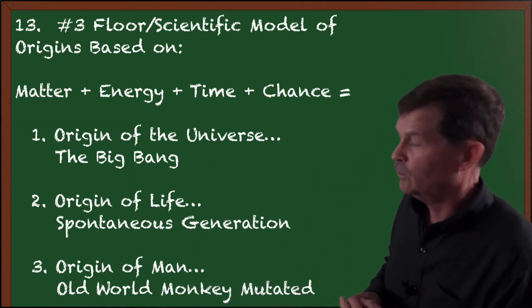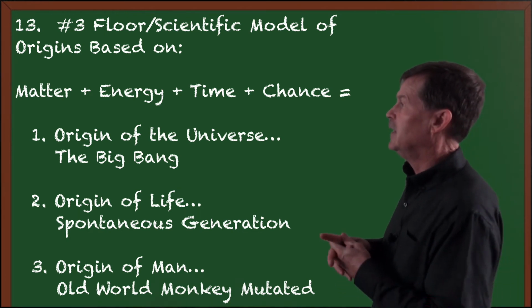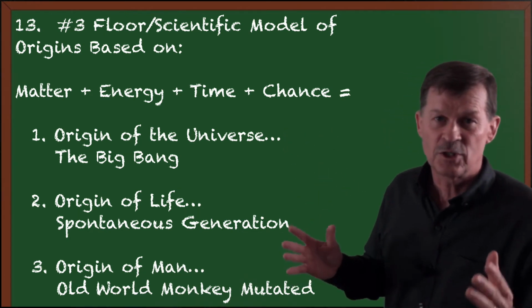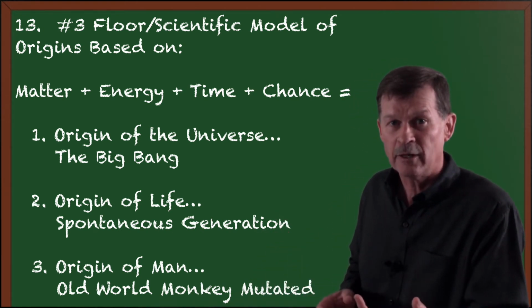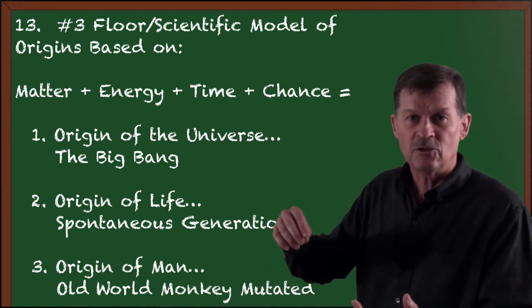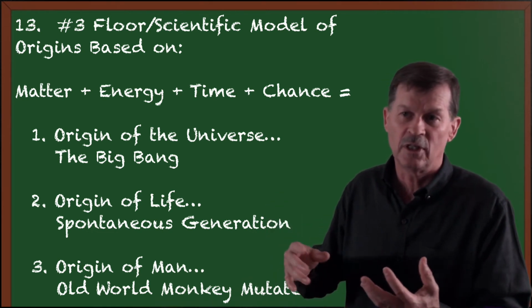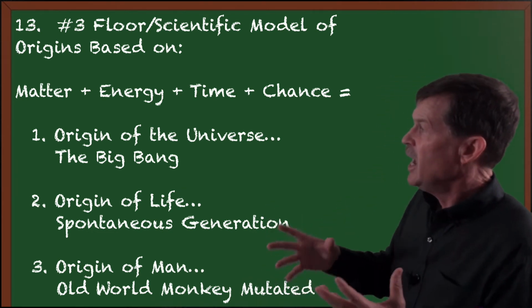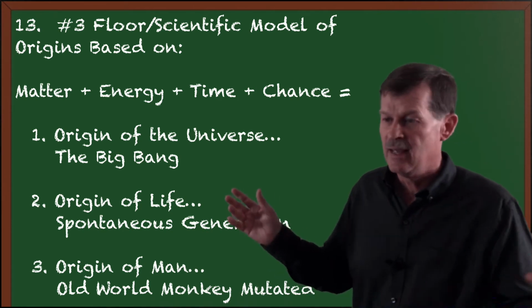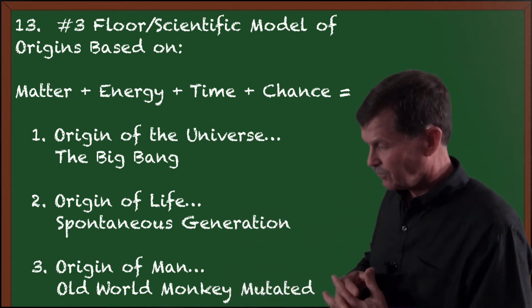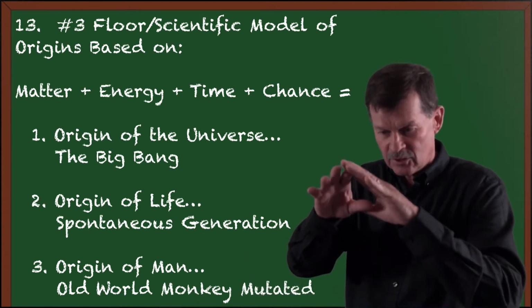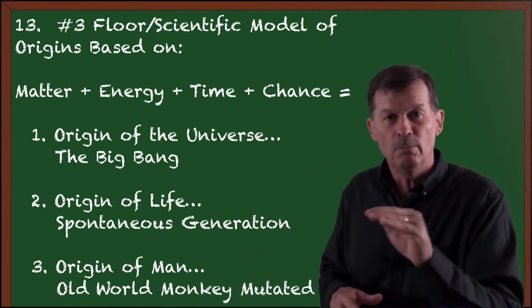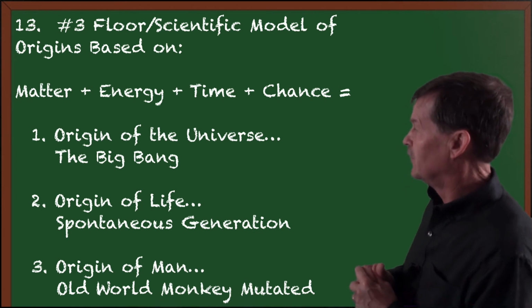I don't know if we're higher, but anyway. So the origin of man fits the model because it is matter, previous matter. It is energy that causes the conditions of mutation, and then over time and chance, we have man. Again, is it true? It fits the model. It is true to the model that it is in.